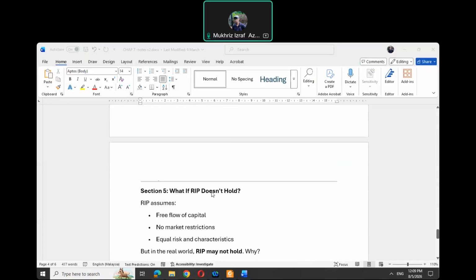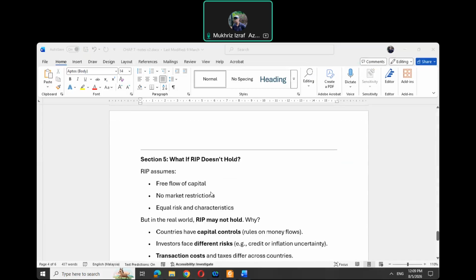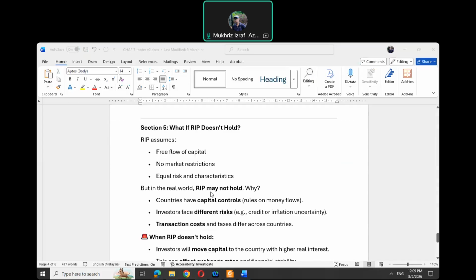And then what if RIP doesn't hold, meaning the real interest rate between two countries is not equal? Then of course we can have arbitrage opportunities, where the country that offers the higher interest rate will attract more investors.